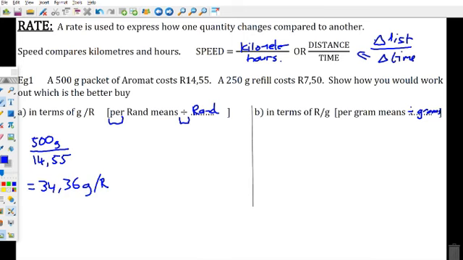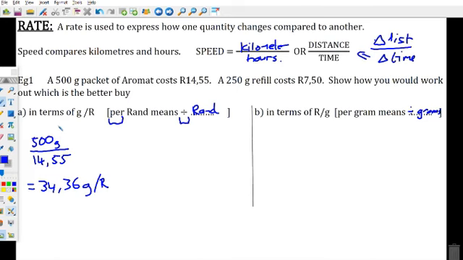Grams per rand basically means for every 1 rand you have, you can buy 34.36 grams of Aramet. So when it's grams per rand, we take the grams and divide it by rand.